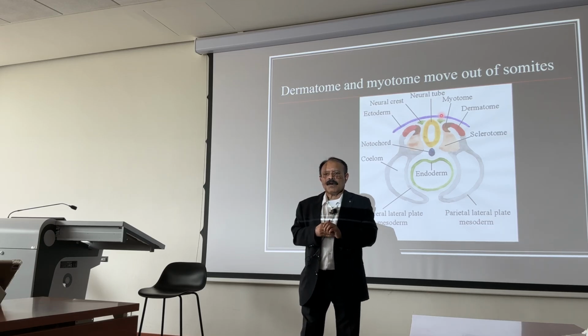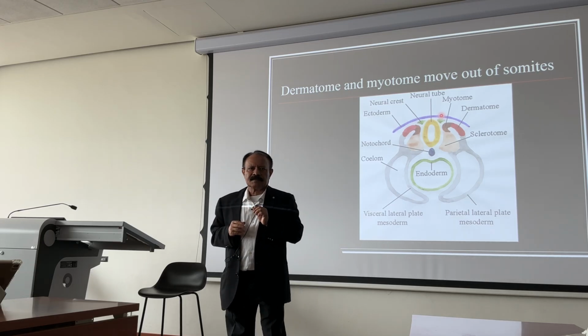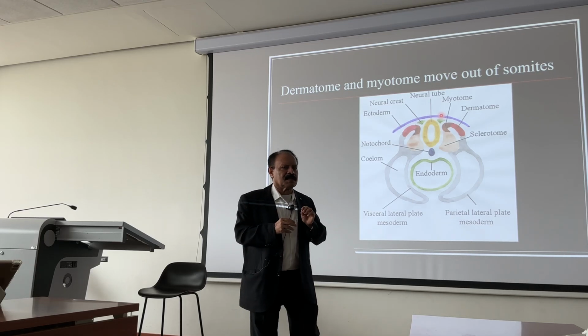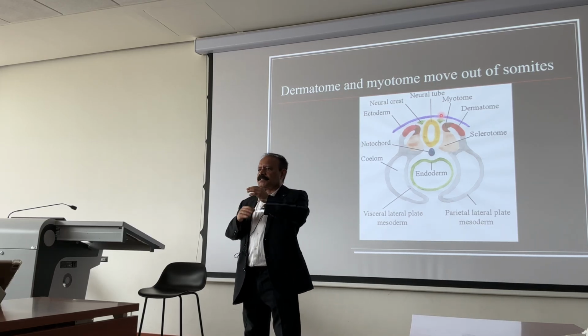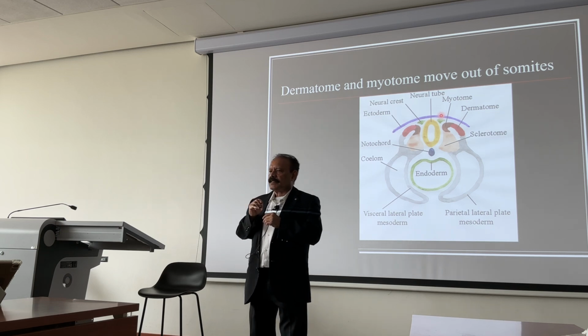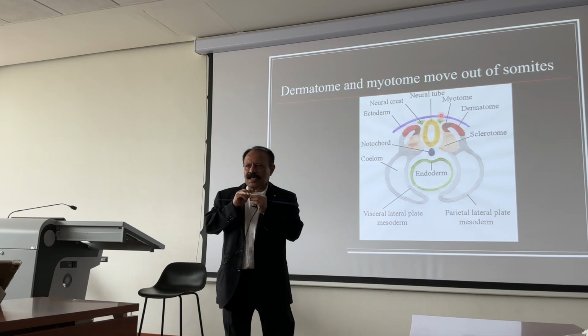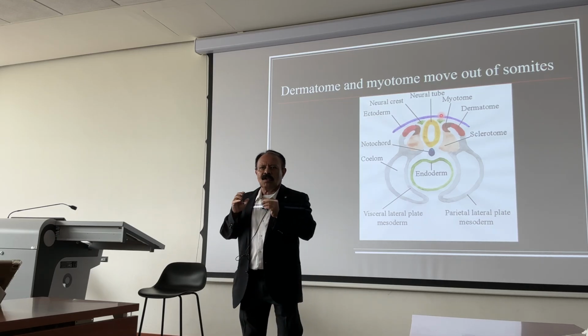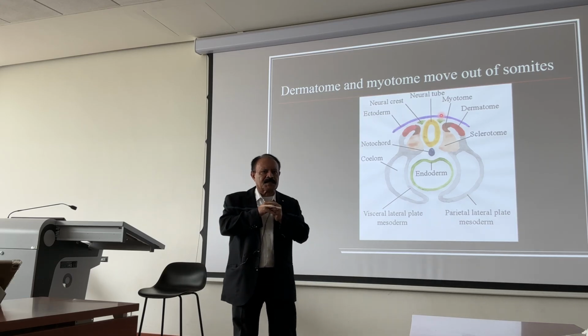If I ask, what is the stimulus? What is the triggering factor for limb development? Your first answer in the MCQ, as you have seen, is the apical ectodermal ridge. Go for it. Why? Because the moment the little ridge, meaning swelling, happens, all the genes are expressed over there.